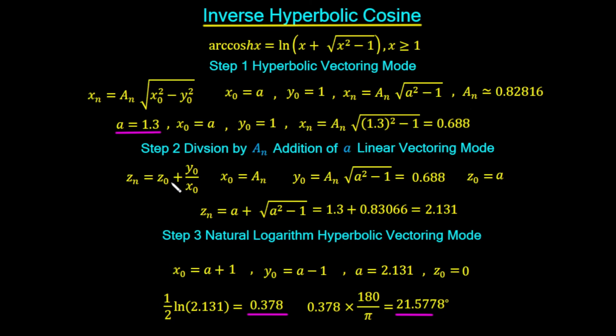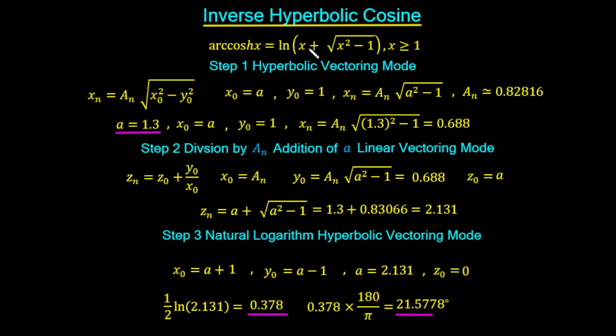So after this stage is completed, we'll have a value of A, which is 1.3, and we'll have a square root of A squared minus 1. So that is going to be 0.83066, so we should get a value of 2.131. So that's us generated what we require inside this bracket.